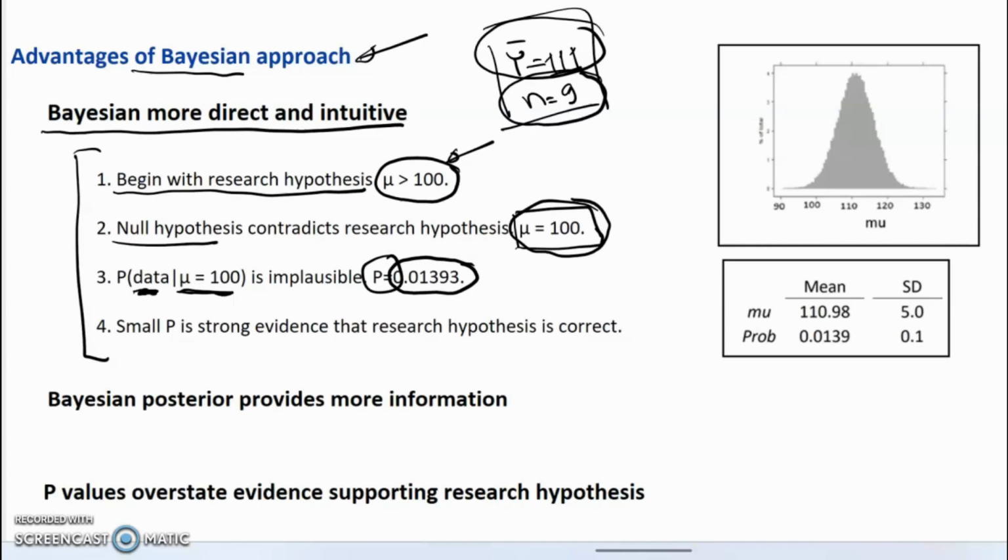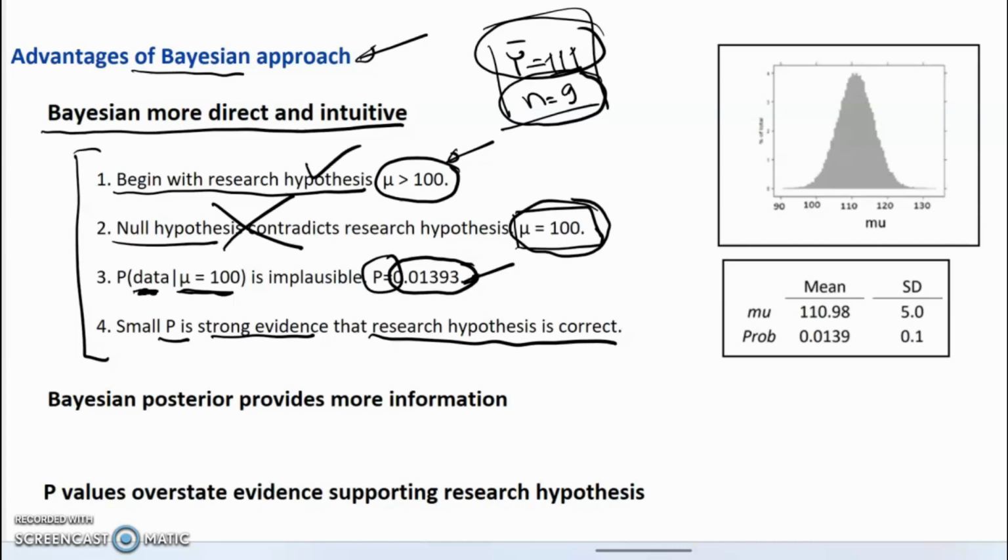That is the p-value. Because this is a small number, that is strong evidence that the null hypothesis is wrong, and that in turn serves as strong evidence that the research hypothesis, which is contradicted by the null hypothesis, is in fact correct.